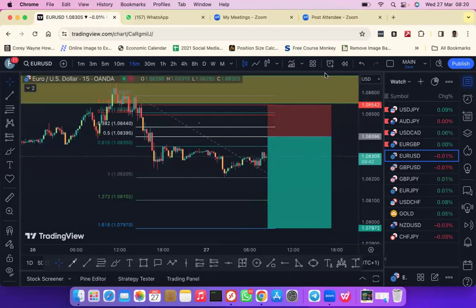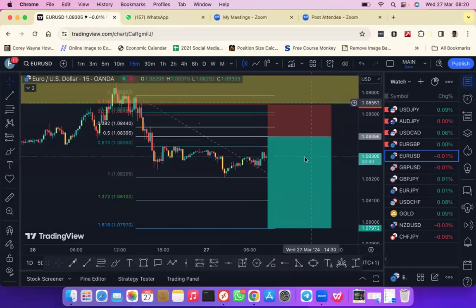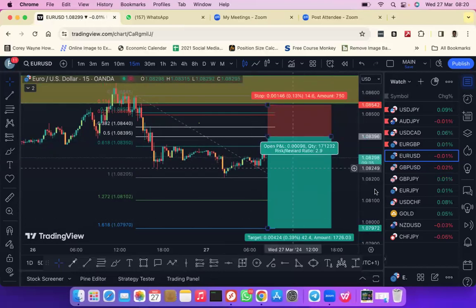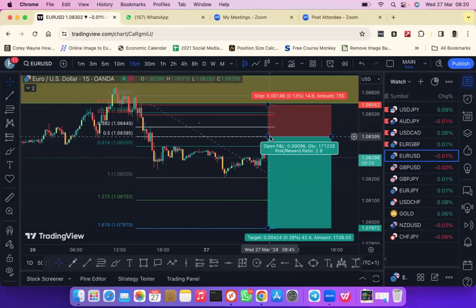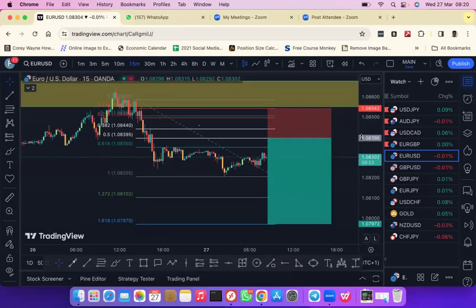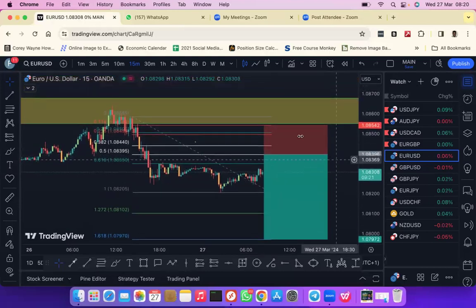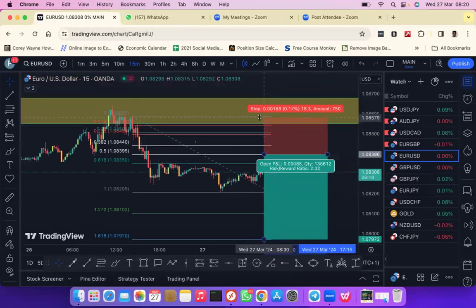I've called a trade now. Sell limit, guys, on Euro USD. Sell limit on Euro USD. You can take entry at 1.08395. Sell limit. Okay, and then your stop loss, just to be safe, you can put it at this zone.